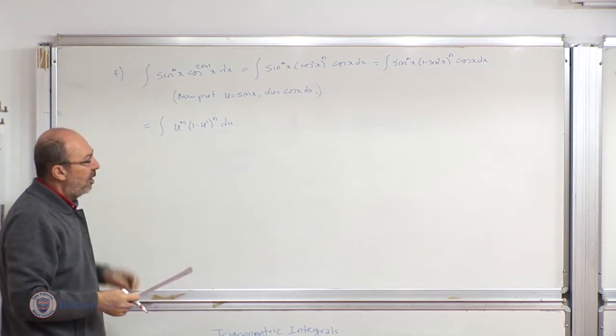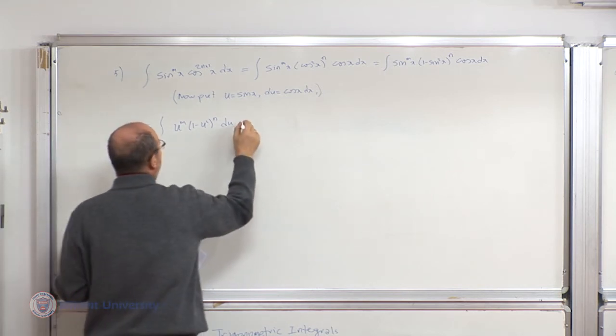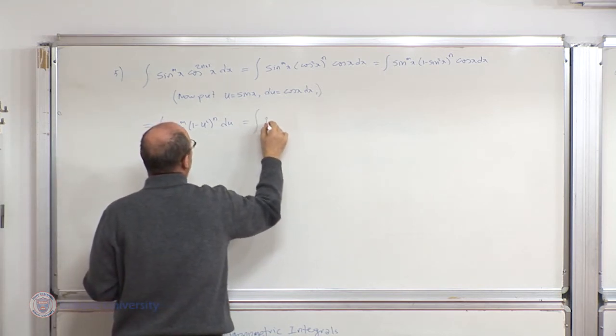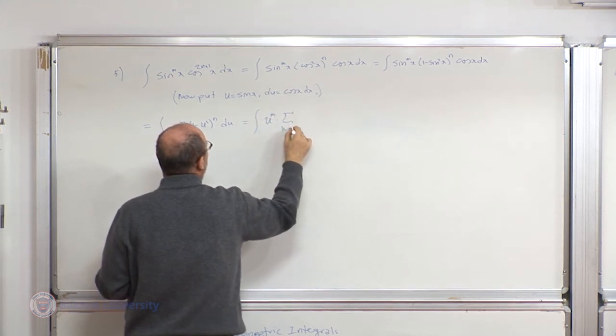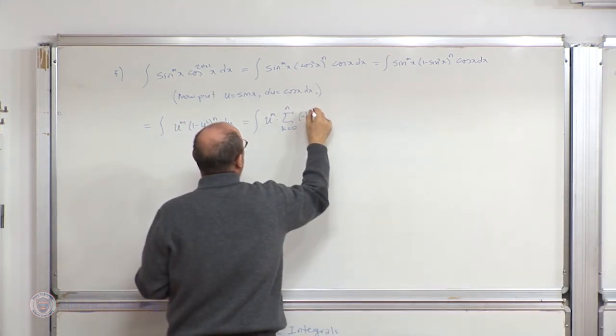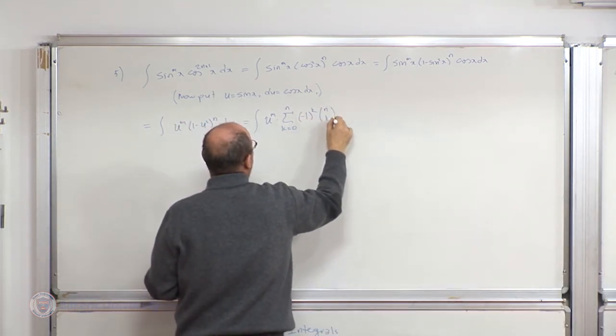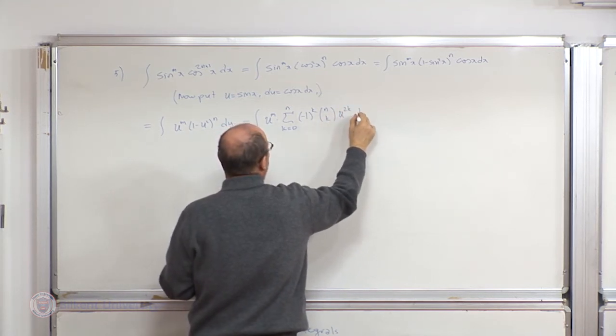Again we use the same binomial formula for this. It's nice when you can explicitly solve something. Summation k equals 0 to n of (-1)^k, n choose k, u^(2k) du.